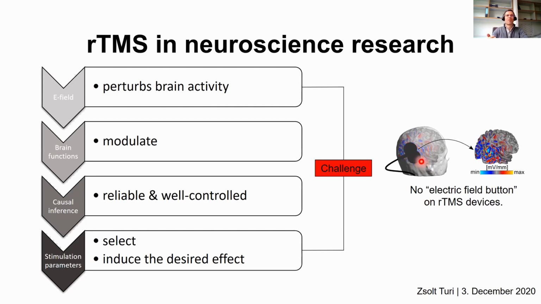We need to perform simulations, computational approaches, in order to get this information. So I state that we set up the stimulation intensity instead of the electric field. So what do we do if we want to set the stimulation intensity? If we do not set the electric field strength, then what do we do?